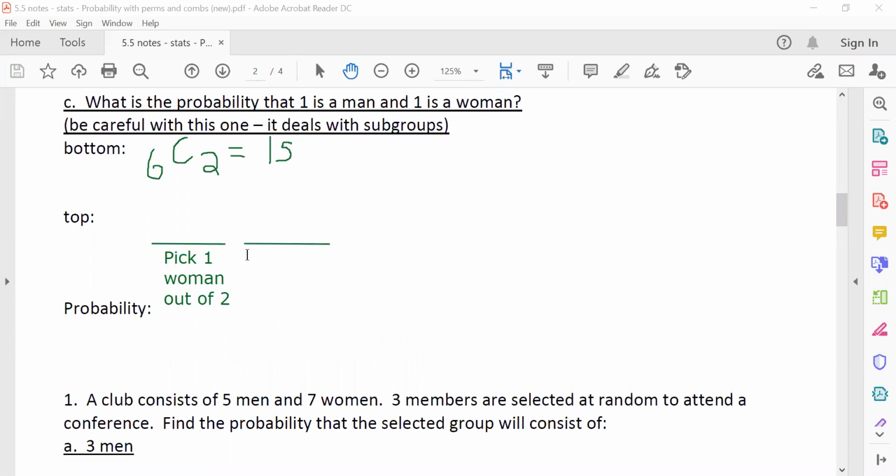We also need to pick one man out of four men who are in the group. And then each of these is technically a combination in and of itself. The number of ways you can pick one woman out of two is going to be 2C1. The number of ways you could pick one man out of four is going to be 4C1.